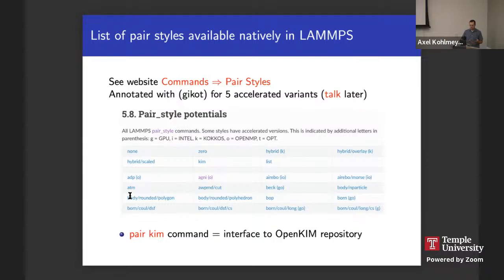G is for the GPU package, I is for the Intel package, K is for the Kokkos package, and then there's the OPT and the OpenMP. And there's also pair KIM, which is the interface to the OpenKIM repository, which has many more pair styles that you can also tap into through OpenKIM.